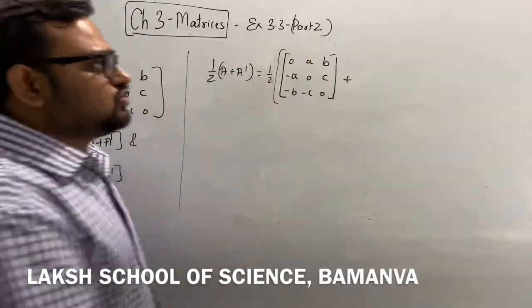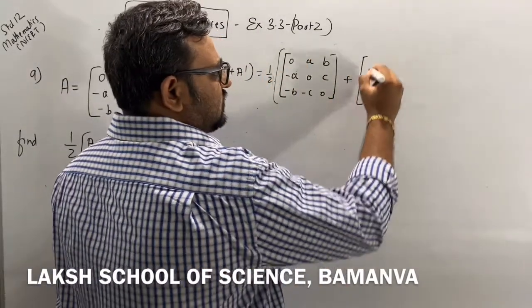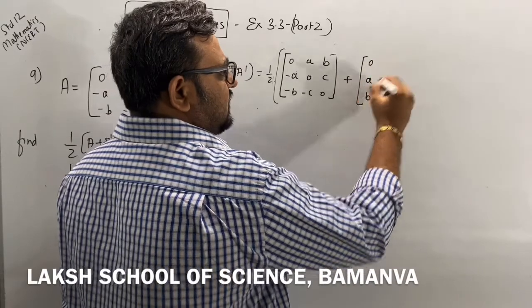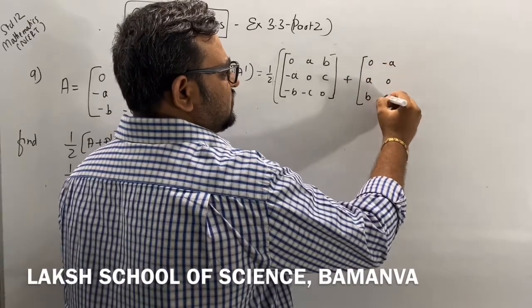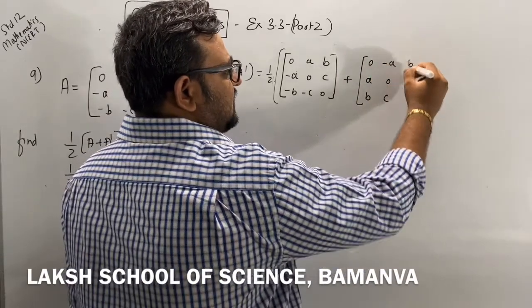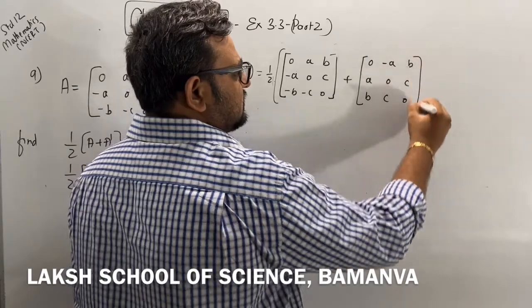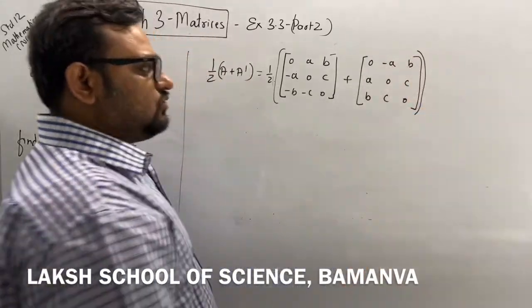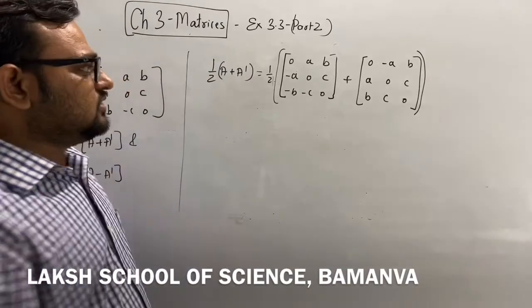So convert these rows to column. 0 A B, minus A 0 C, B C 0. Okay, so what will be this?